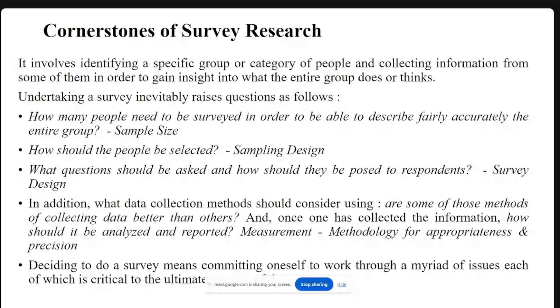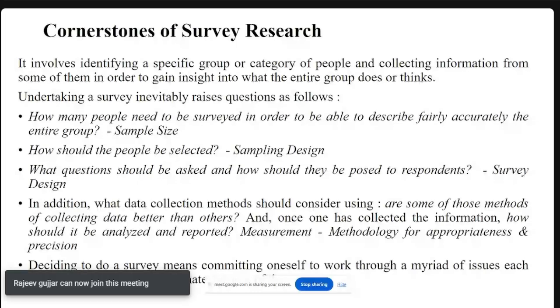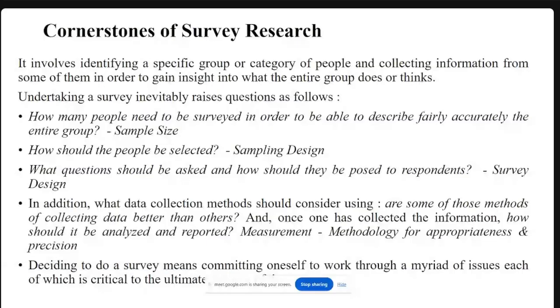But at the same time, a survey through the census method is extremely expensive, because you have to cover all the units that are the focus of your study. It requires a lot of manpower, and it is very, very expensive. And therefore, in most cases you will find that the studies are not based on the census method.